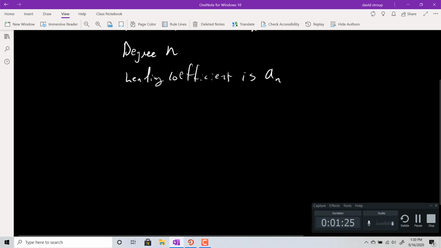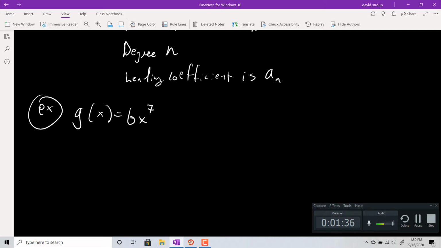Let's take a look at an example of something which is a polynomial and then something that's not. Example: g of x equals 6x to the 7th plus pi x to the 5th plus 2/3 x. This guy is a polynomial.